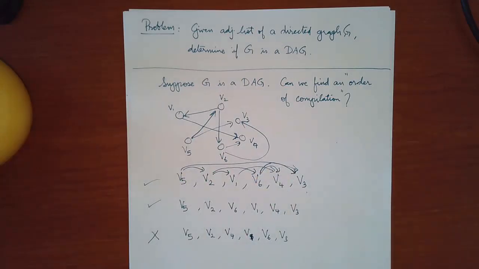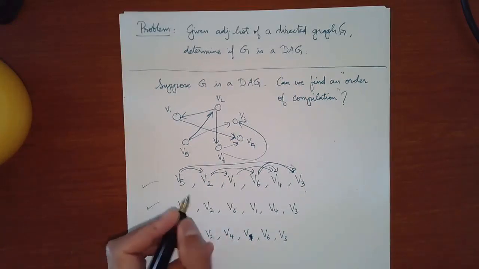Do you see a pattern here? They're all compiling before any of the ones that they're pointing to. So what is it about the arrows that you see in this ordering? They all point the same way, they're all pointing left to right. If you look at the second case, this is also going to do exactly the same thing.